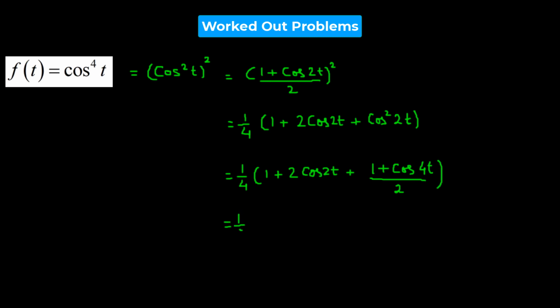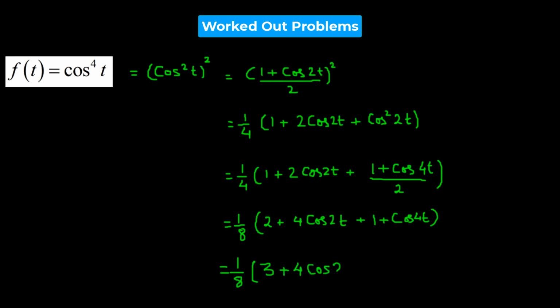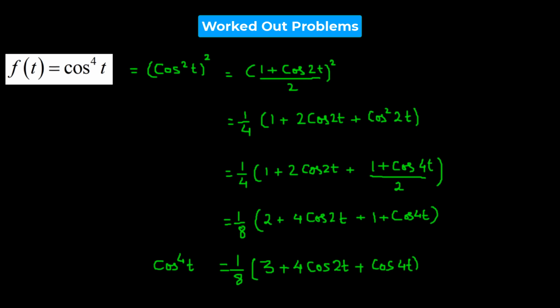Well, so we can say 1 over 8 multiplied by 2 plus 4 times cosine of 2t plus 1 plus cosine of 4t. So 2 plus 1 adds up to give us 3. So we have 1 over 8 multiplied by 3 plus 4 times cosine of 2t plus cosine of 4t. So this is the function f of t, which is the fourth power of cosine of t.